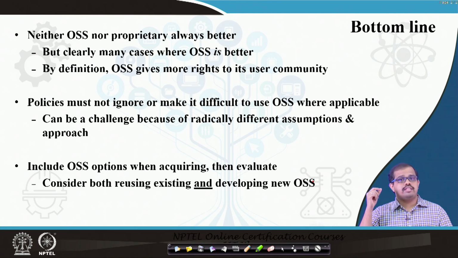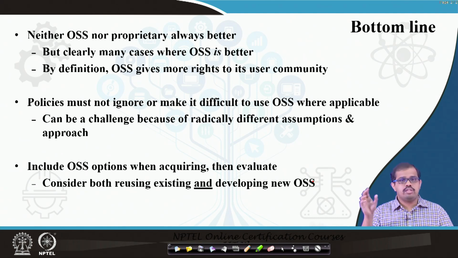When I say rights, I mean rights to both the user community and the developer community; rights as a complete package are provided to you by open source software, whereas in proprietary software that is curtailed. So those are some reasons to say that open source software is slightly better in terms of whatever you are trying to use. But in the entire context, when you are weighing, neither open source software nor proprietary software is always better.